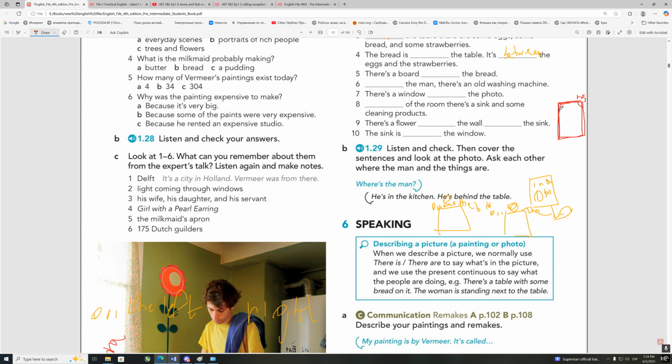So this is the corner. Left corner, then left upper corner. Left lower corner. Right lower corner. There are 4 corners of the room.